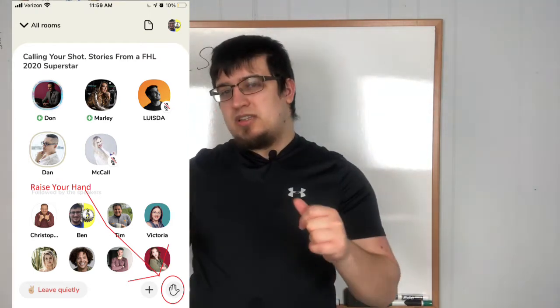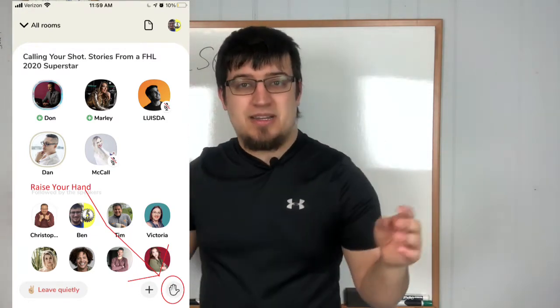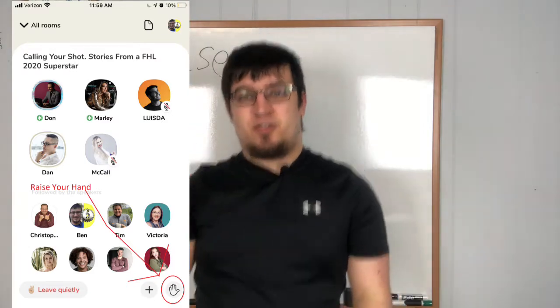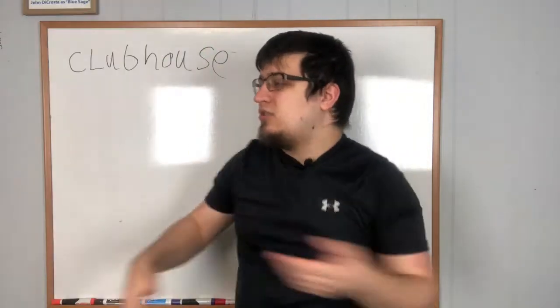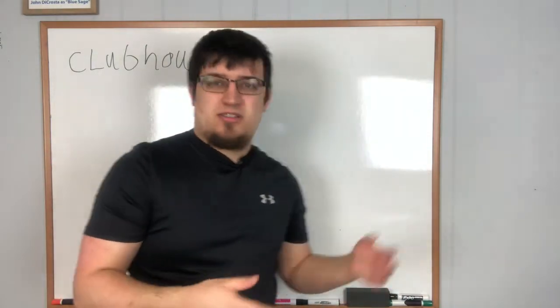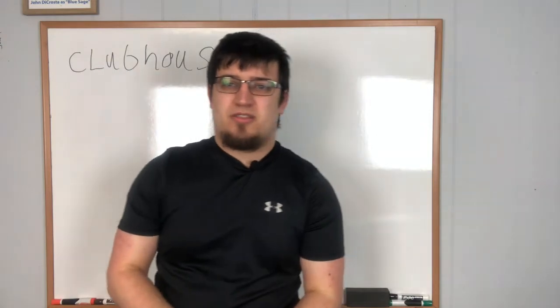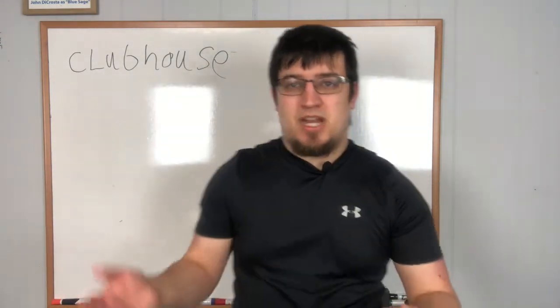People will usually have a couple of people having a conversation, much like a podcast, and then you can virtually raise your hand and ask a question or contribute something of value. Depending on how the moderators are running the room, you might be moved back down to the audience, or they might keep you up there.